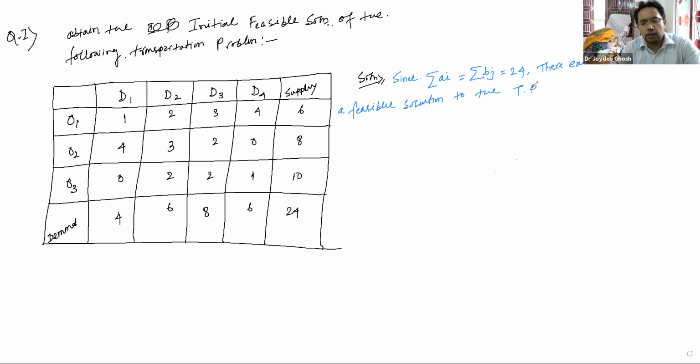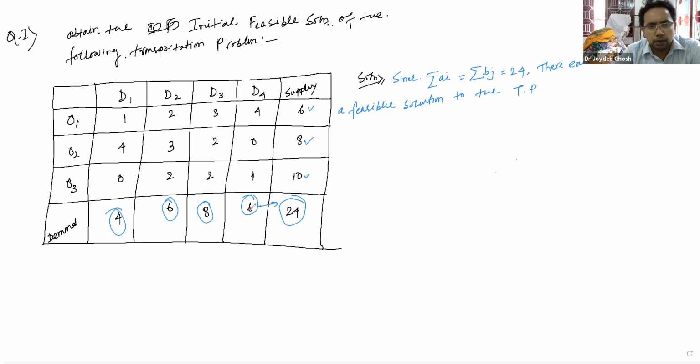This is our first observation. 6 plus 8 plus 10 is equal to 24, and 4 plus 6 plus 8 plus 6 is equal to 24. So this is a balanced transportation problem.